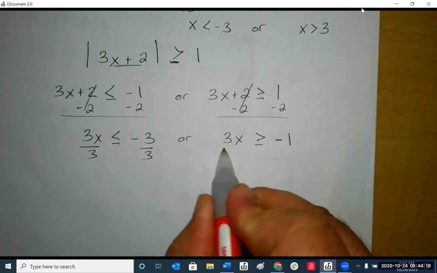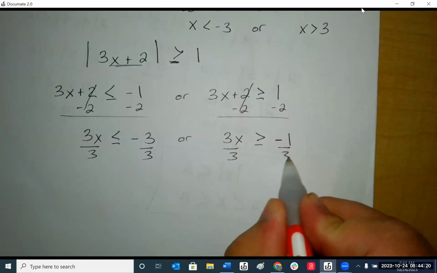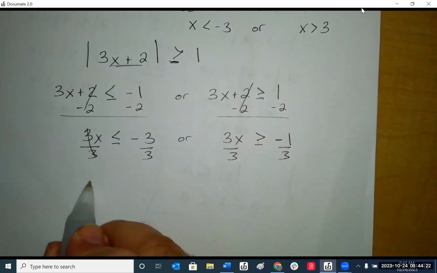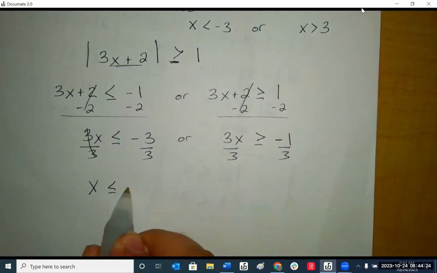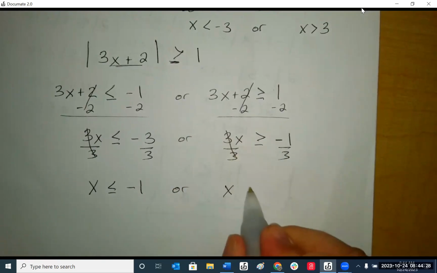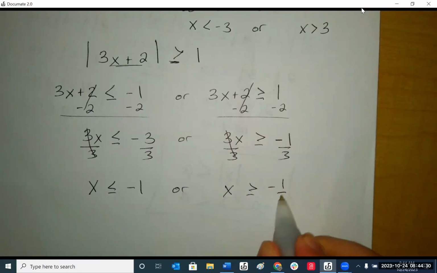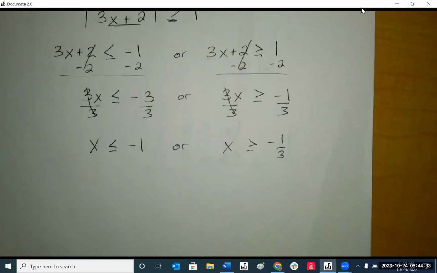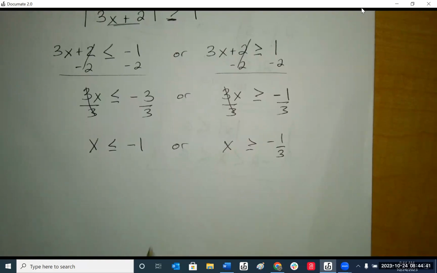And divide by 3. X is greater than or equal to negative 1/3. That's what it tells us.